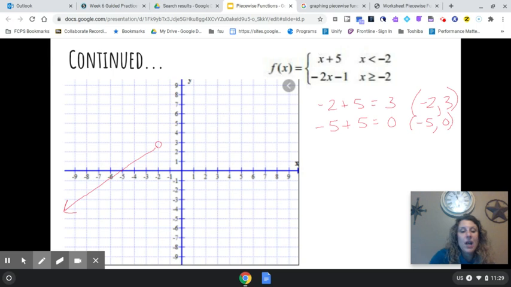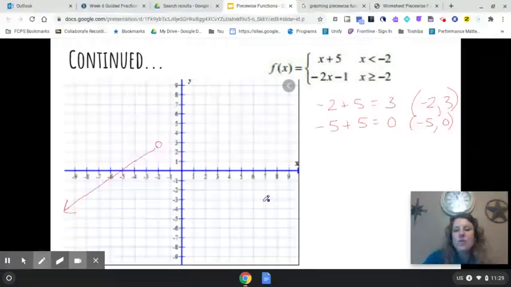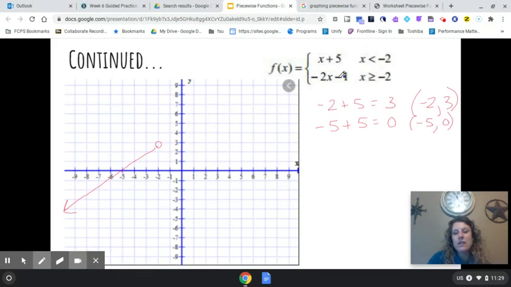Okay, I'm going to switch colors and take a look at the next function. We have -2x minus 1 when the x values are greater than or equal to -2. So again, I'm going to start with -2. If we plug -2 in for x, -2 times -2 minus 1: -2 times -2 gives me +4, and +4 minus 1 gives me 3.